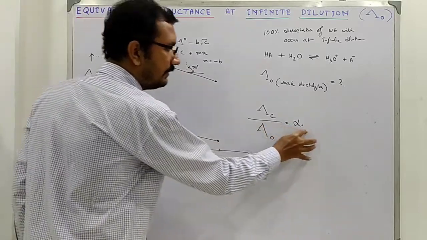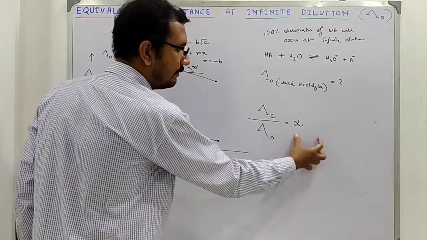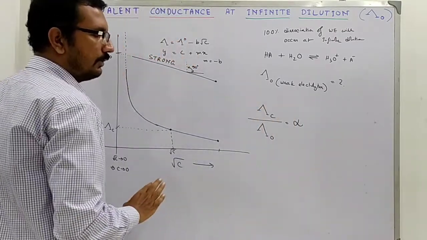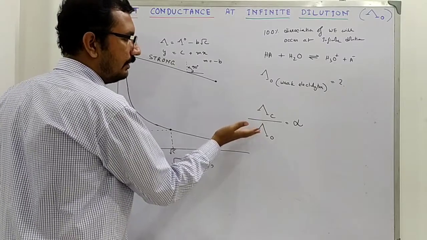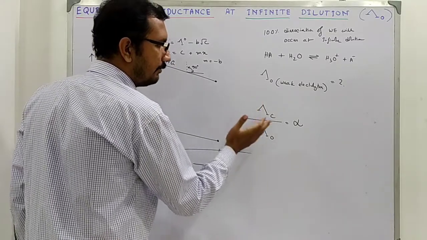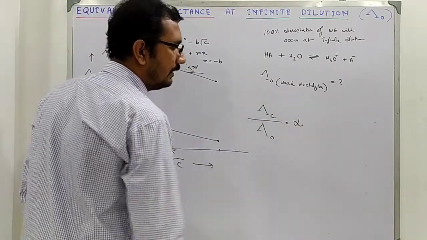Since 0.35 means here we have 35, here we have 100. 100 means 100% dissociation, and 35 will indicate obviously 35% dissociation. So, dividing lambda C by lambda 0, we will be able to determine the degree of dissociation. This has been proposed by Arrhenius.